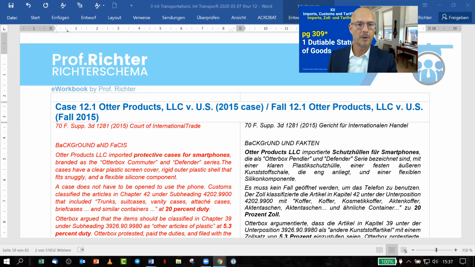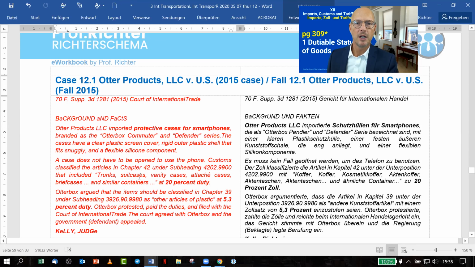So we're talking about these smartphone cases, and of course they have a plastic screen, a rigid outer plastic shell that fits snugly, and a flexible silicone component. And you now have to classify this, and we have, for example, chapter 49, and there we have a number.